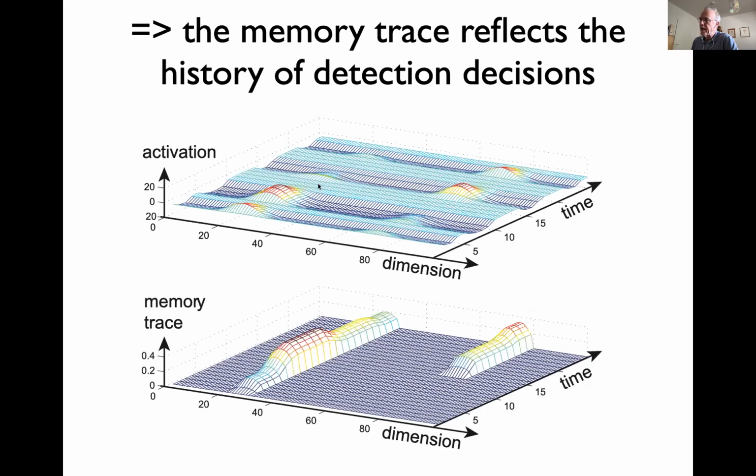But the effect is that, for instance, a memory trace built at these locations will tend to decay when a memory trace somewhere else is being built. And that has the effect, which I don't have a slide for here, that the memory trace builds something like a prior.